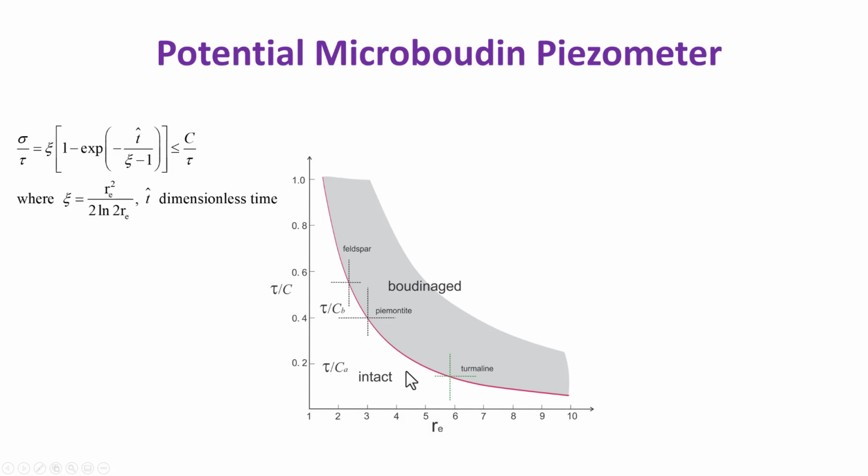The purple curve divides the space into the upper domain and the domain below the curve. Any object that plots above this purple curve is expected to be boudinaged because the stress in the object will be beyond the tensile strength. If an object plots below this purple curve, the object is expected to be still intact.